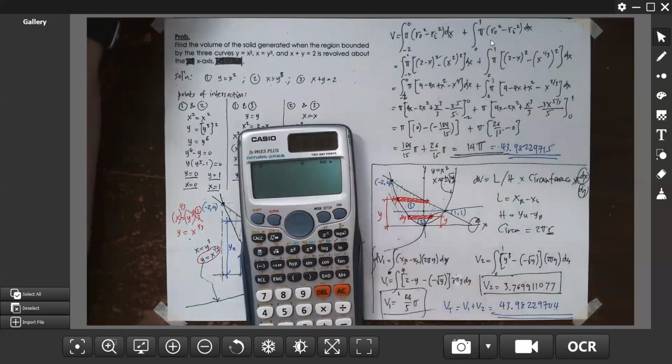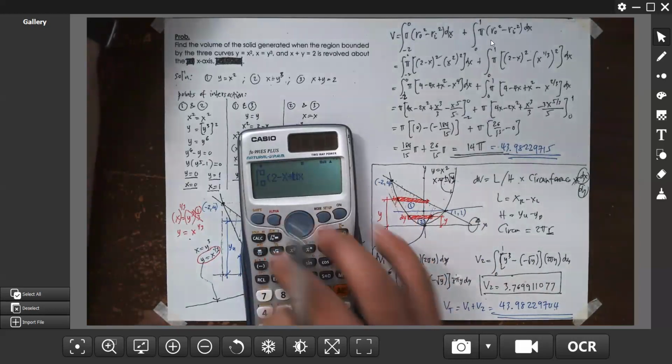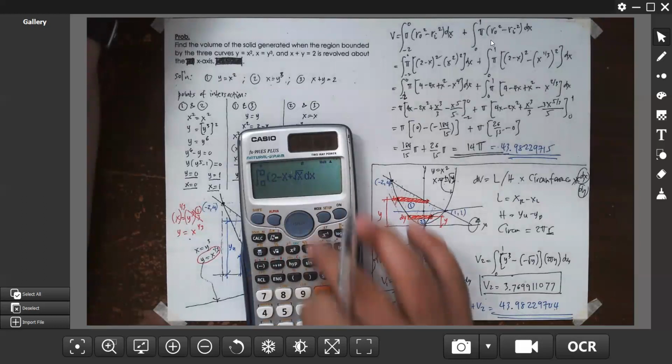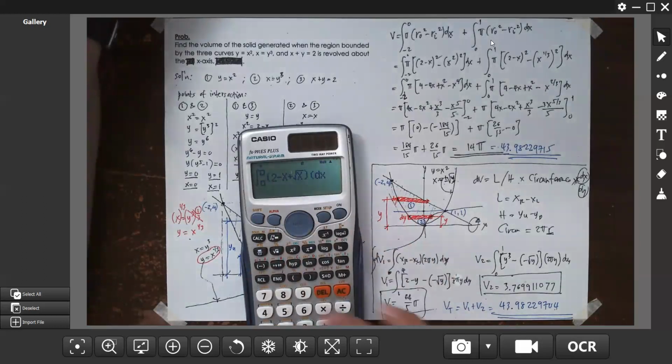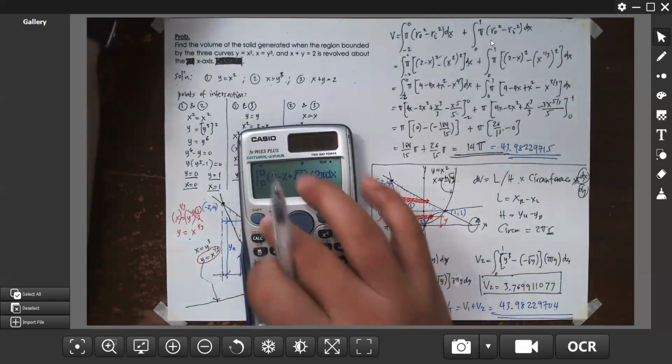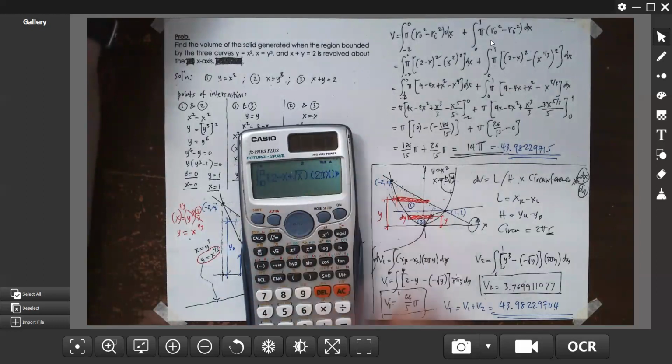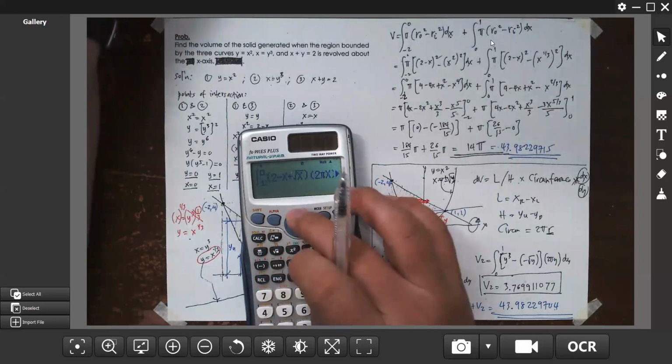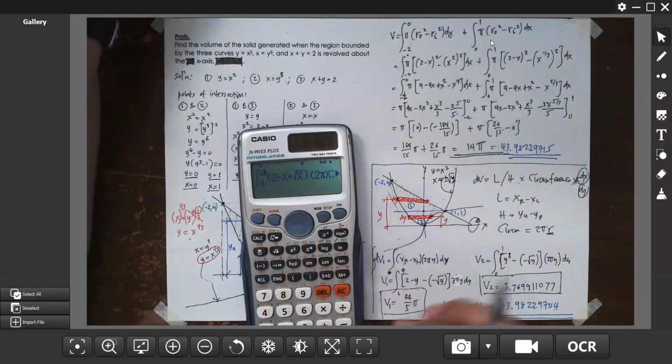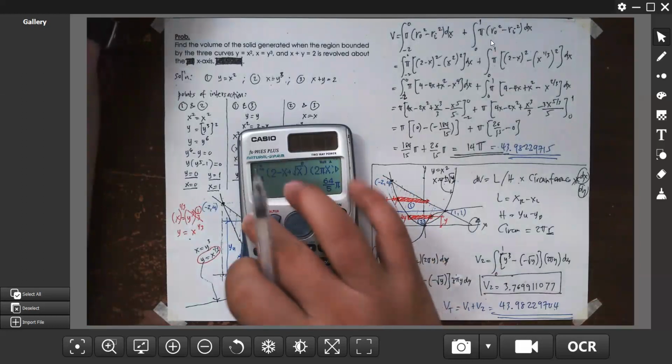Let's compute again. Integral of 2 minus x plus square root of x times 2 pi x from 1 to 4. 64.